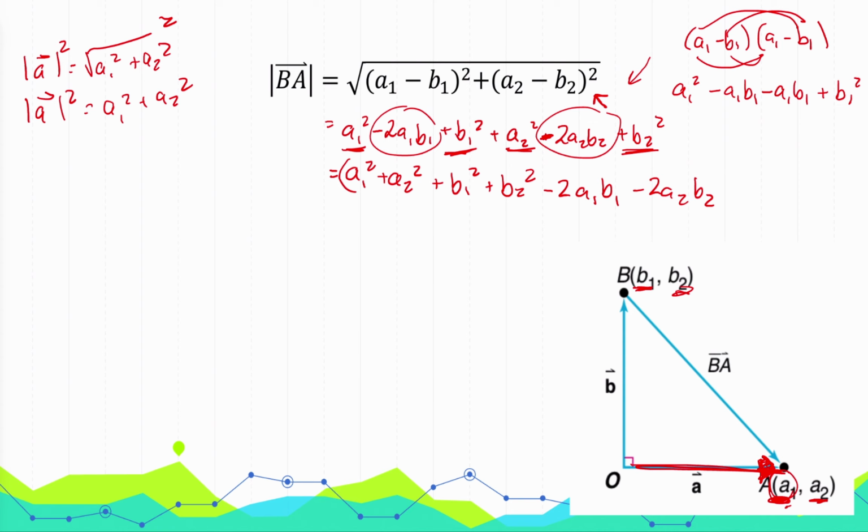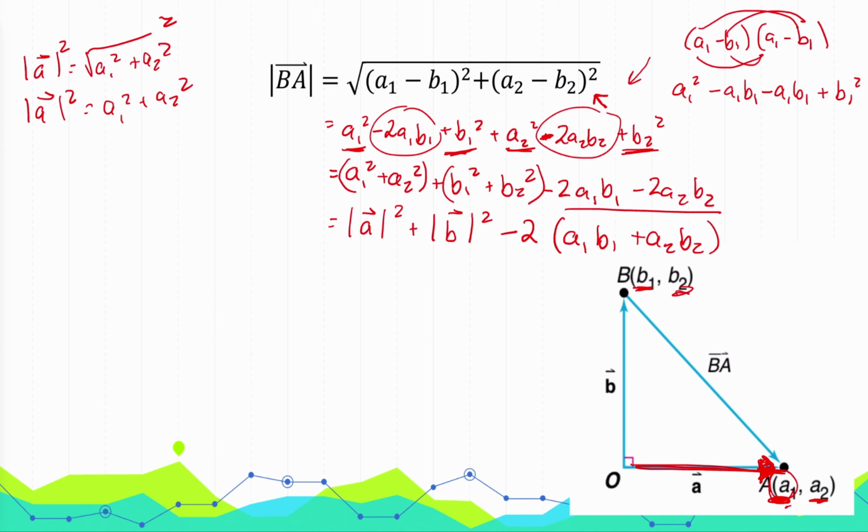So this a1 squared plus a2 squared we can replace with the magnitude of A squared. And this b1 squared plus b2 squared we can replace with the magnitude of B squared. And then we got this bit. I'm going to factor out a negative 2 here and make this a1 b1 plus a2 b2.